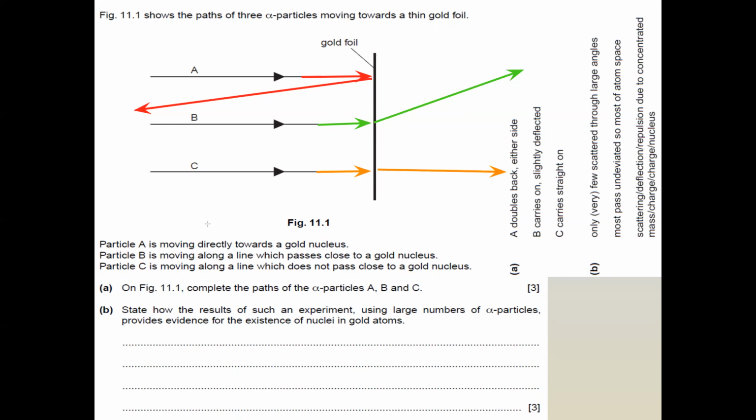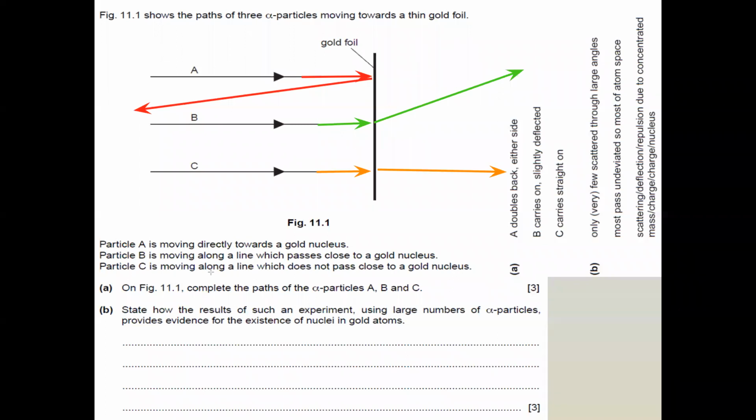On figure 11.1, complete the path, we already did. Then state how the result of such an experiment using a large number of alpha particles provides evidence of the existence of a nucleus. So how do we know that there is a nucleus present from this experiment?